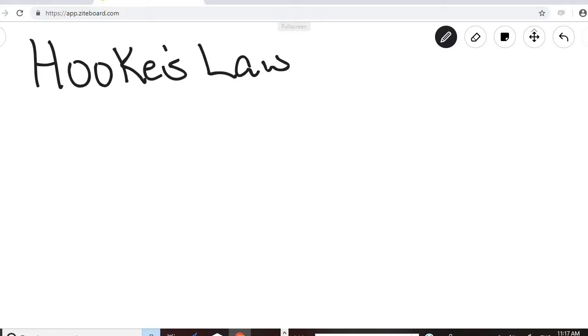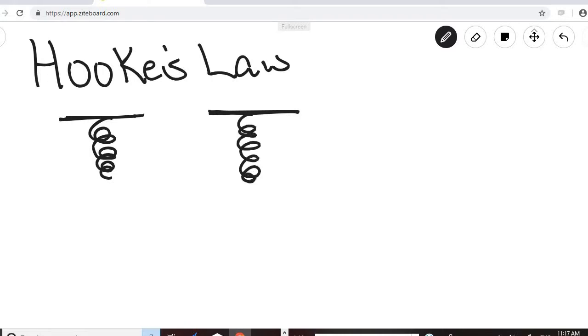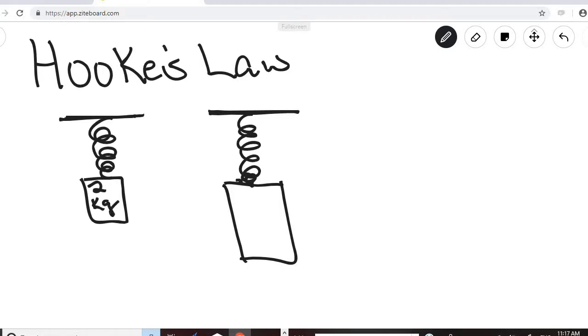If we have a spring that is suspended, so this is a spring, and they should be identical, I didn't draw them exactly, but if we have two springs and we suspend a mass from one of these springs and we suspend a larger mass, we can say this is a 2 kilogram mass and this is a 5 kilogram mass.